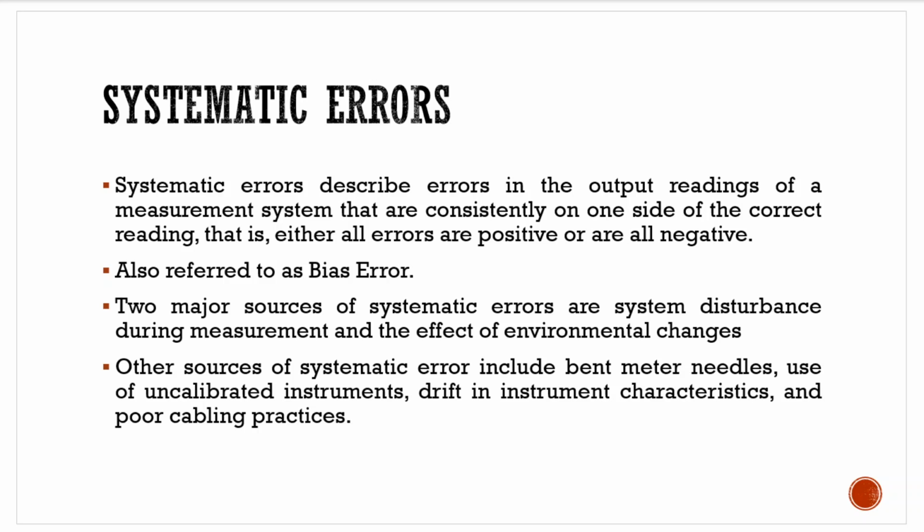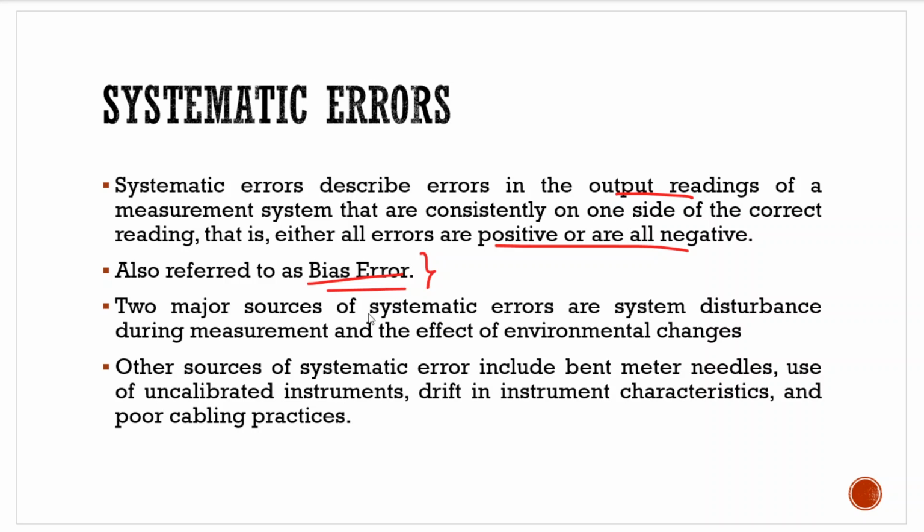With systematic errors, the output reading will either be positive or negative. The error cannot be both positive and negative in the same reading or the same set of readings. Systematic errors are also referred to as bias errors.